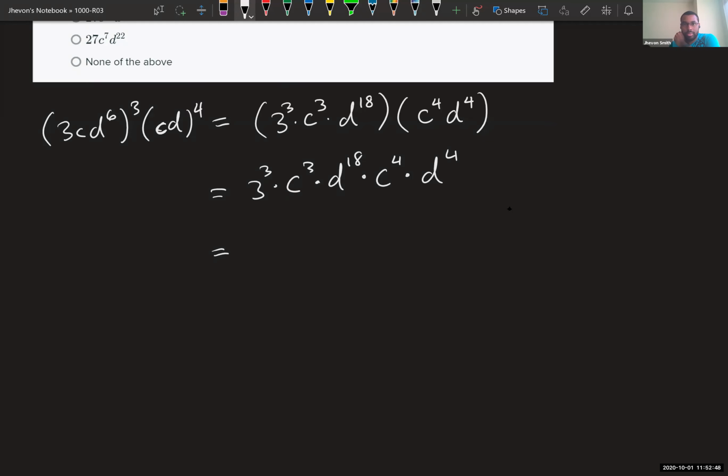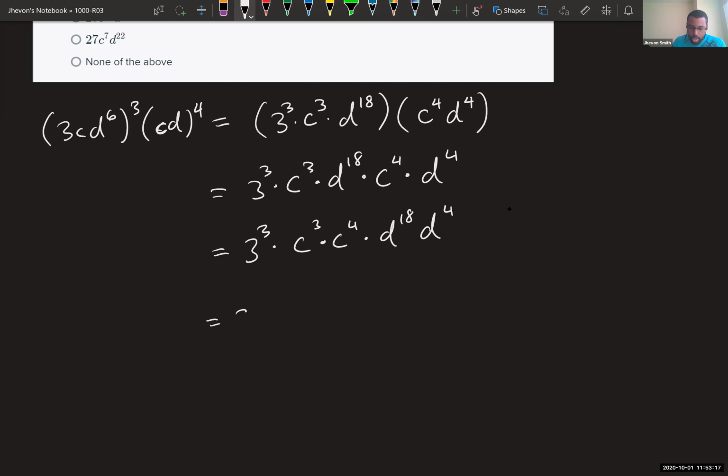Powers of like bases. You do the what? You add the powers of the bases that are the same. Right, by the rules that I just mentioned. To see this more clearly, you could just rearrange, because multiplication can work in any order. And now you just do each of them.